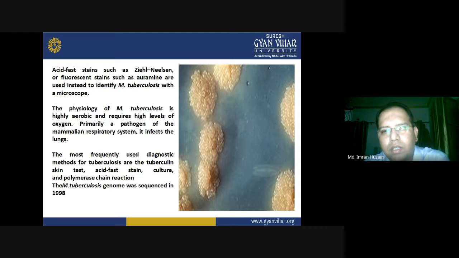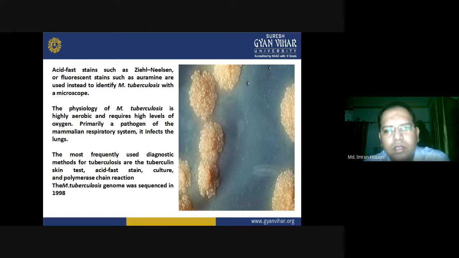So acid-fast stains have been developed in order to stain Mycobacterium tuberculosis properly. So Ziehl-Neelsen, a fluorescent stain such as auramine, are usually used for the identification purpose, instead of identifying it on the basis of microscopical studies.